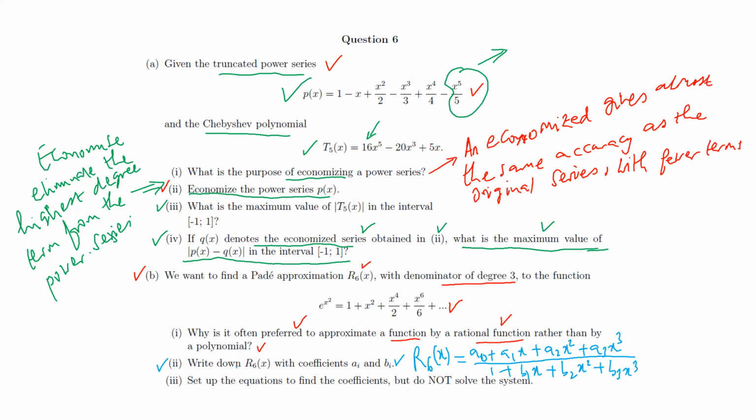So we just write down R sub 6 with coefficients AI and BI. This is the formula for R sub 6.